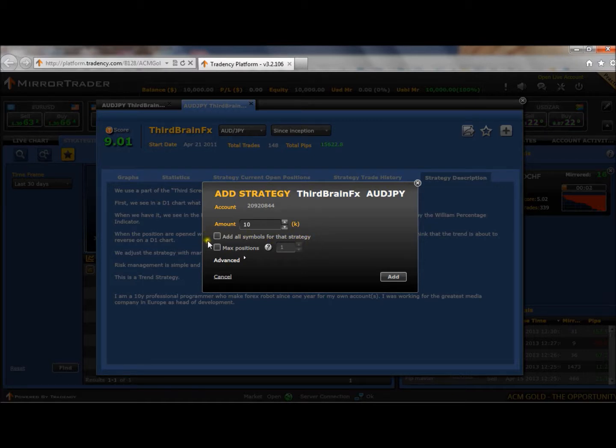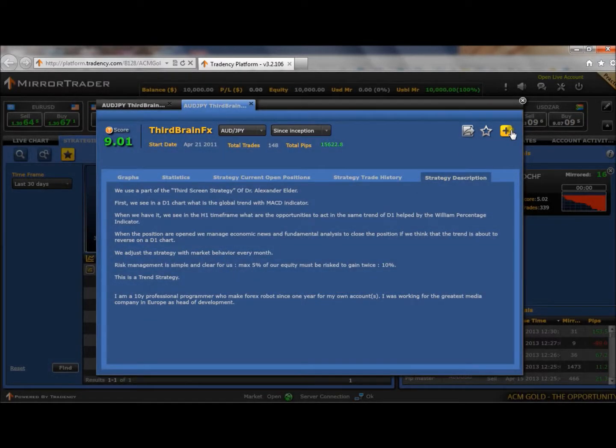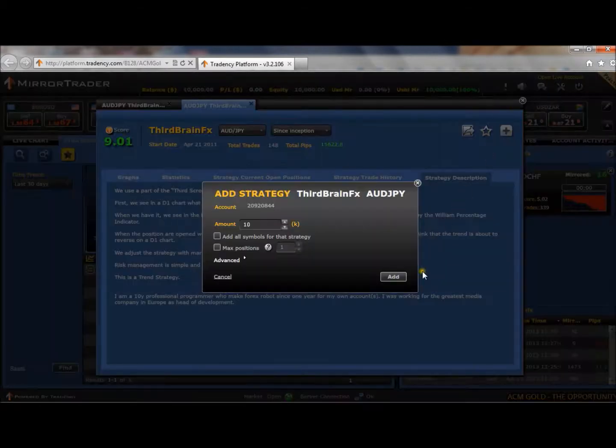Never ever check this. If you do, you'll lose your money very quickly. Underneath that, you can change your max positions. Also, don't change that. So basically, don't change anything on this window. It will probably mean that you will lose your money. Alright, so what I do is I just click the plus button and I just click add.